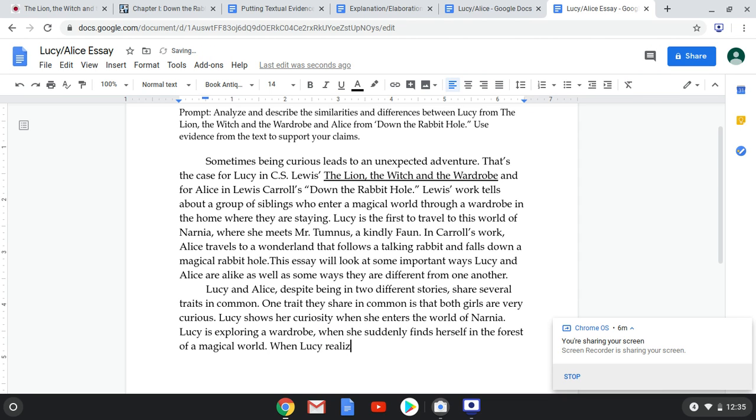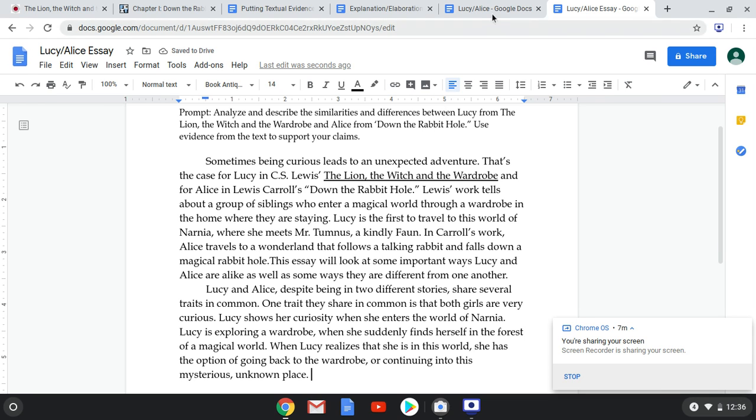When Lucy realizes that she is in this world, she has the option of going back to the wardrobe or continuing into this mysterious, unknown place. All right, I've set up what's happening.